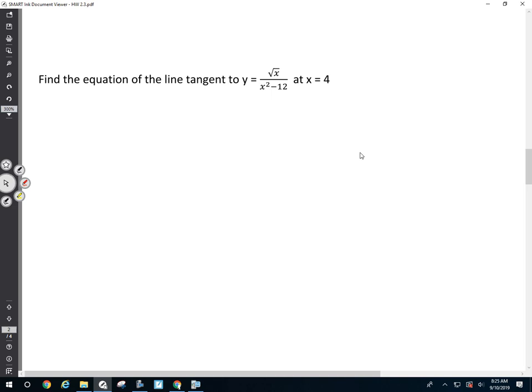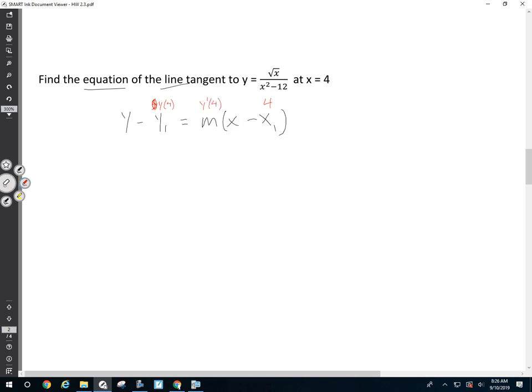Fancy. All right. Once again, I need an equation of a line, so my end goal is a y minus y1 equals m times x minus x1 equation, where x is 4, y1 is f of 4, in this case I'll say it's y of 4, and m is y prime of 4.